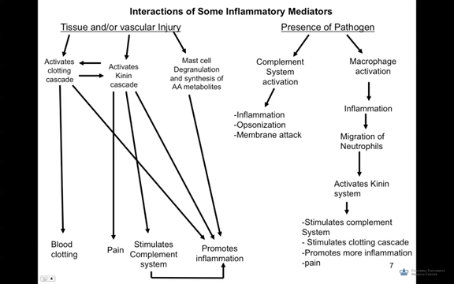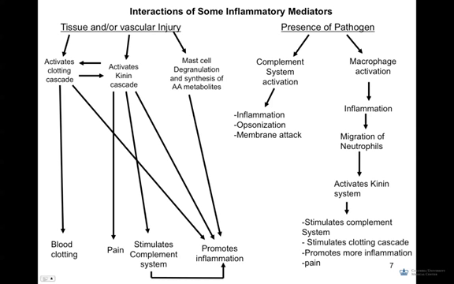Okay. And then the last arm in this, tissue and vascular injury, activates the Kynan cascade, which is going to go back and forth stimulating clotting. And activated Kynan also produces pain. It stimulates the complement system and it promotes inflammation. Okay?